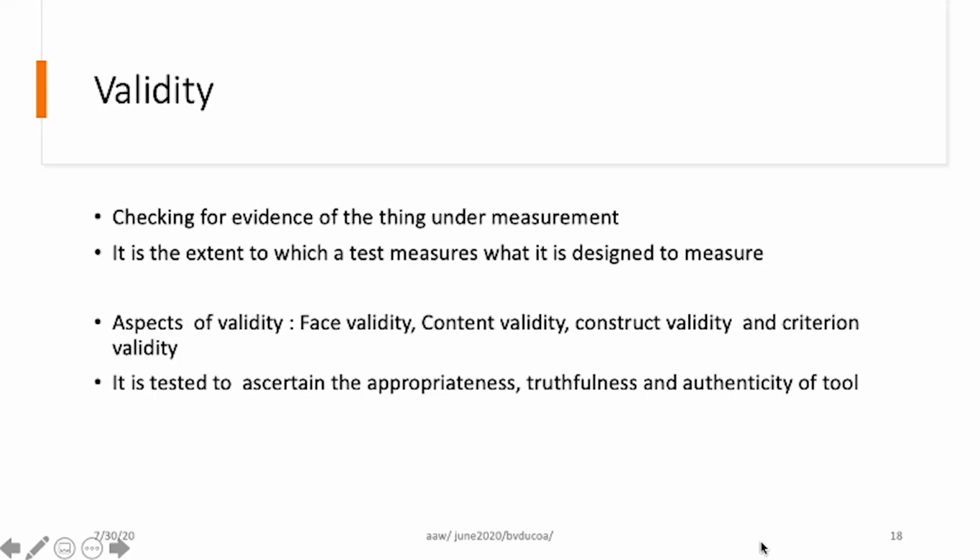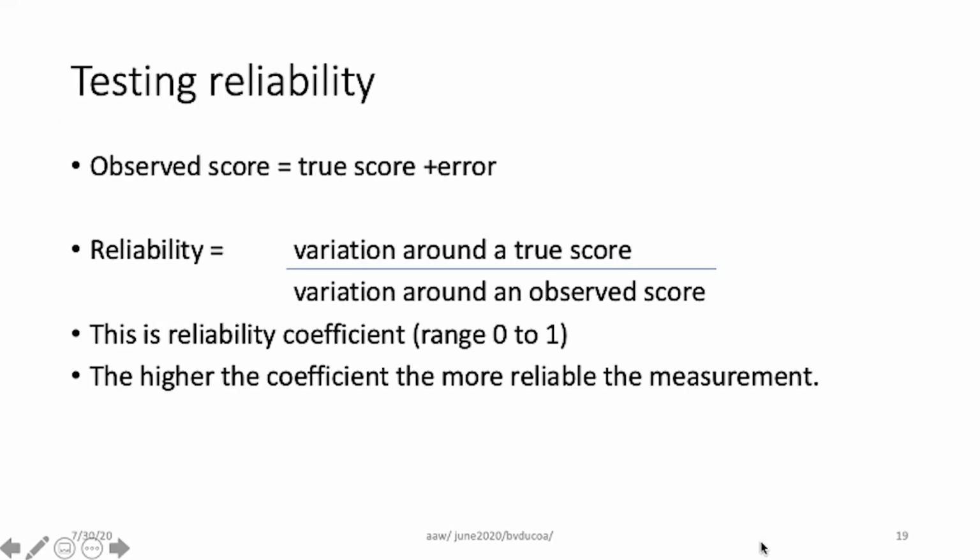Validity is tested to ascertain the appropriateness, truthfulness, and authenticity of the tool, not of the data, but of the tool. Because of the tool, whatever data you generate will be authentic, appropriate, true, and therefore reliable.